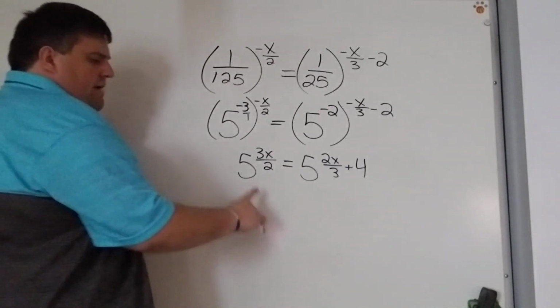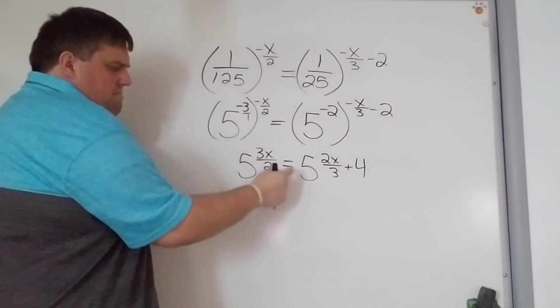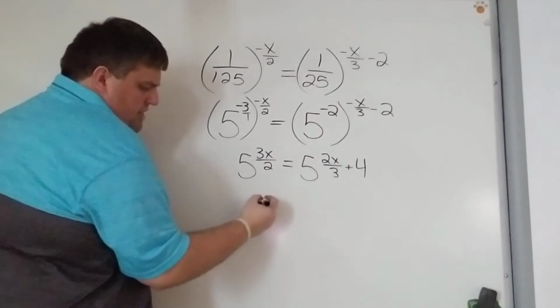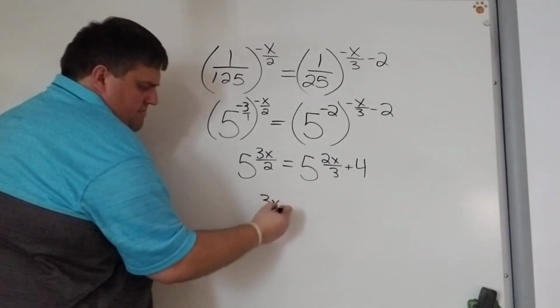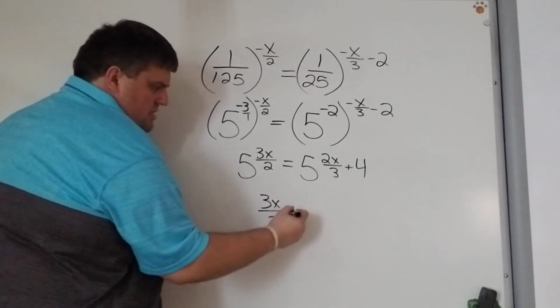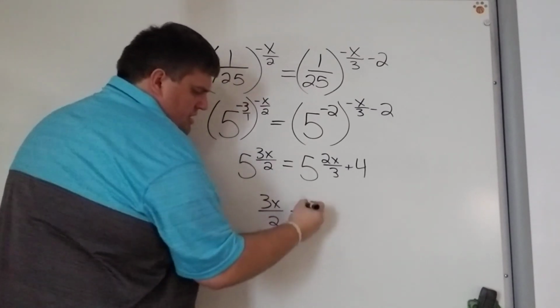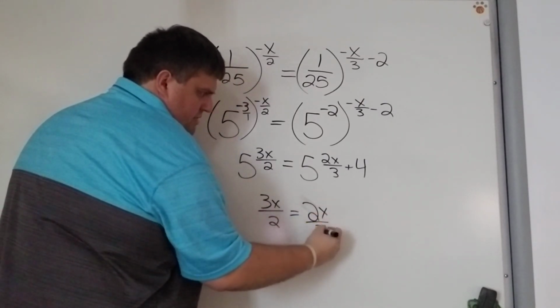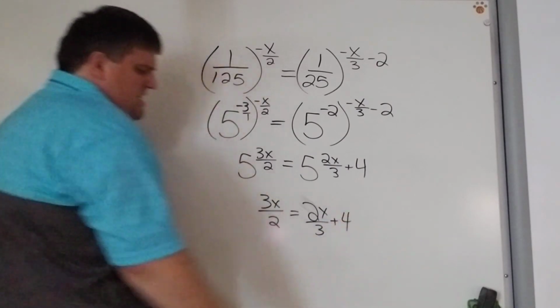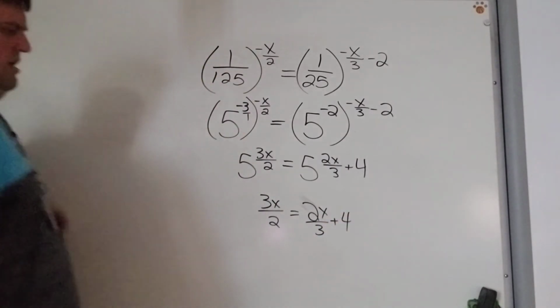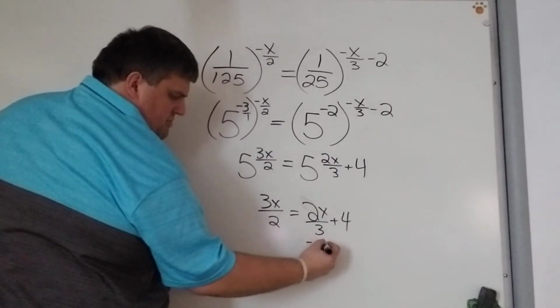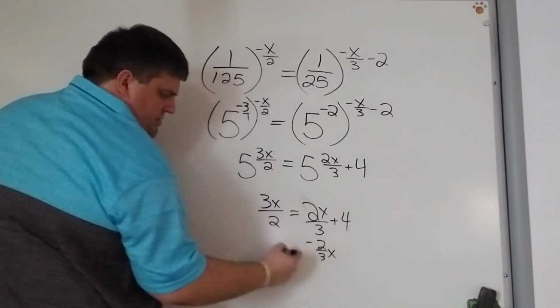So now I finally got my bases to be the same, and now they have exponents, so now I can just set the exponents the same. I don't need the 5. 3x over 2 equals 2x over 3 plus 4. All right, cool. And then we can just subtract 2/3 x from both sides.